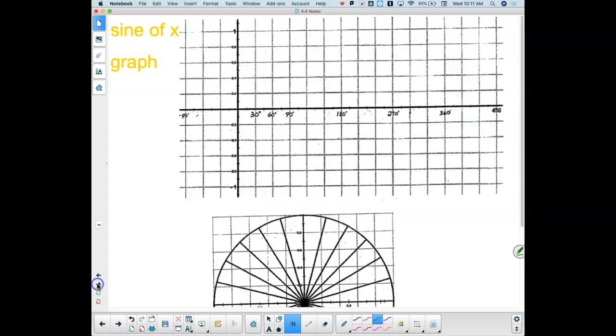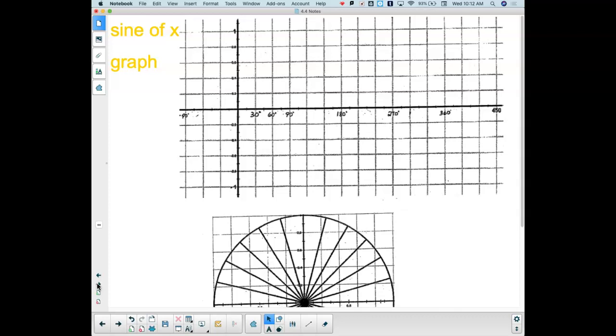What we're going to do to graph the sine of x, and that's what we're going to deal with first. Okay? So what we're going to do to graph the sine of x is everybody is going to need to get one of these sheets. So you're going to come up and grab one of those sheets.